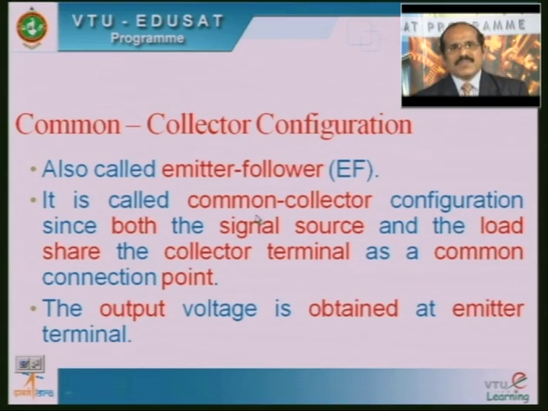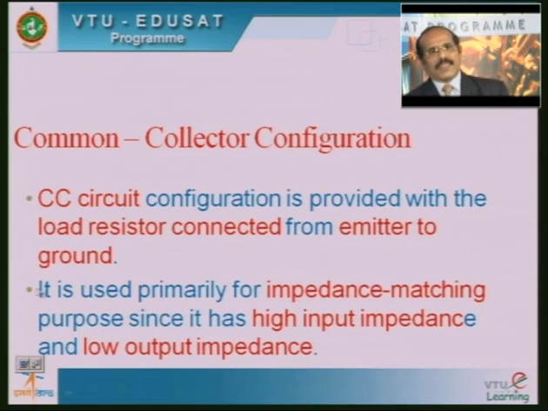Once again, it is a common collector configuration because both the signal source and the load share the collector terminal as the common connection point, and the output is obtained at the emitter terminal, hence the name emitter follower. The common collector configuration of BJT is provided with a load resistance connected from emitter to ground.